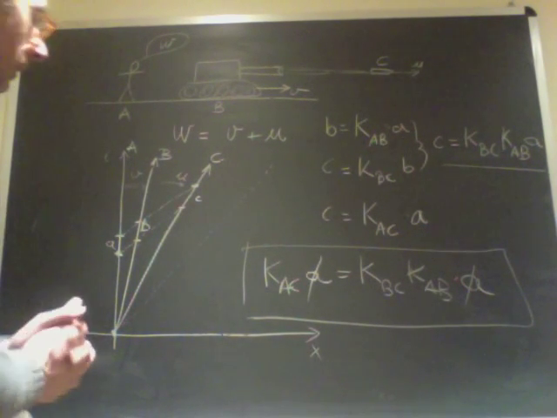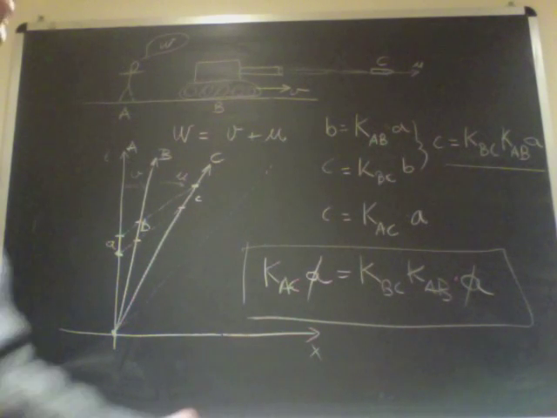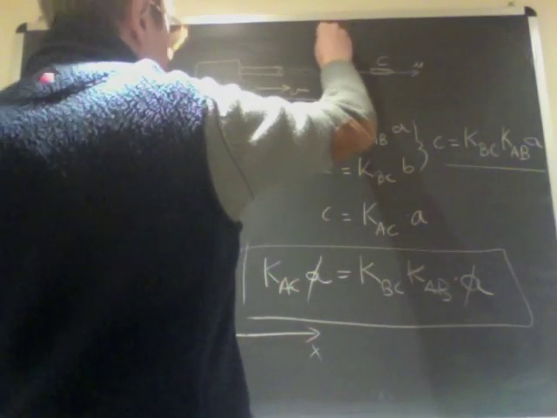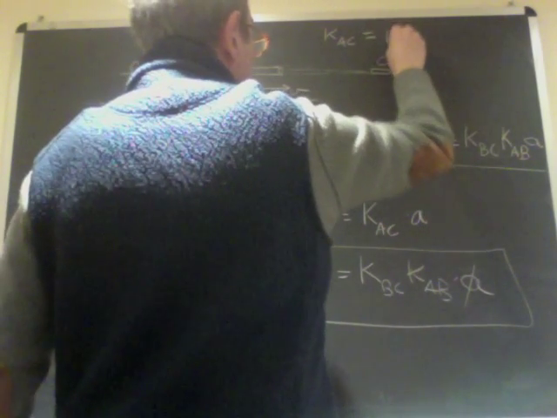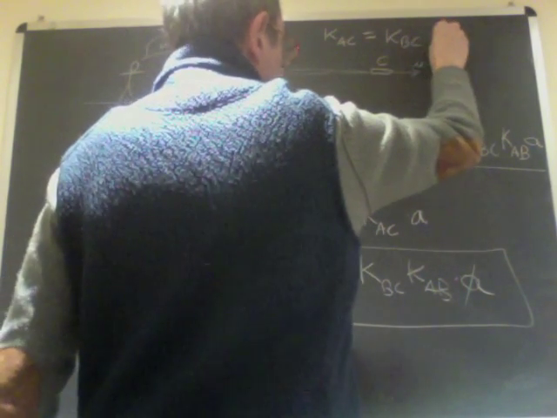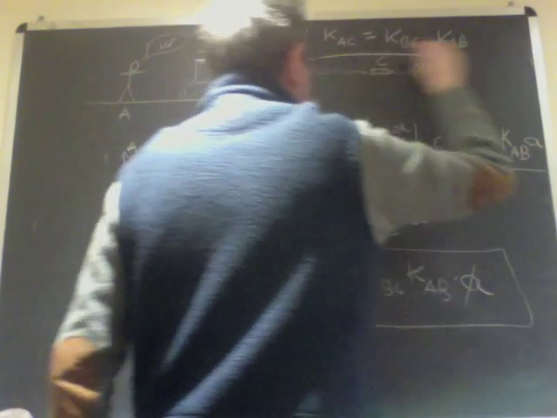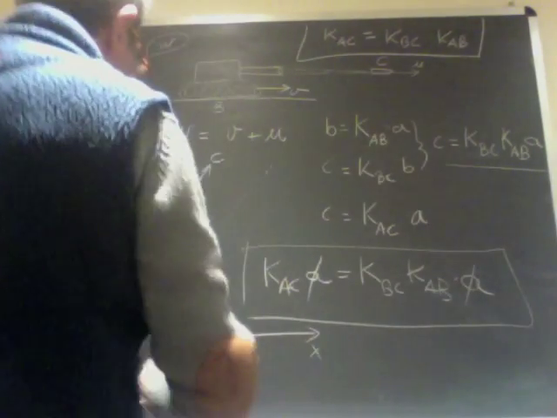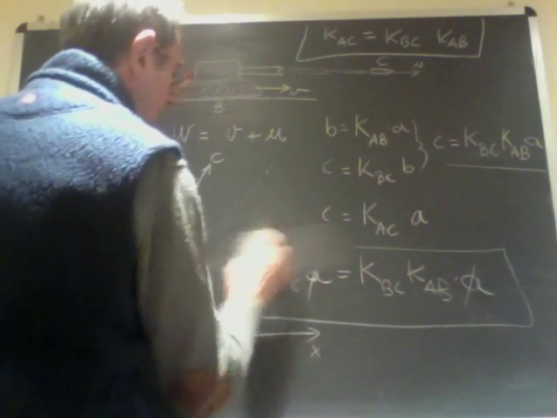Let me write it here: K_AC equals K_BC times K_AB, so that I can cancel a bit.